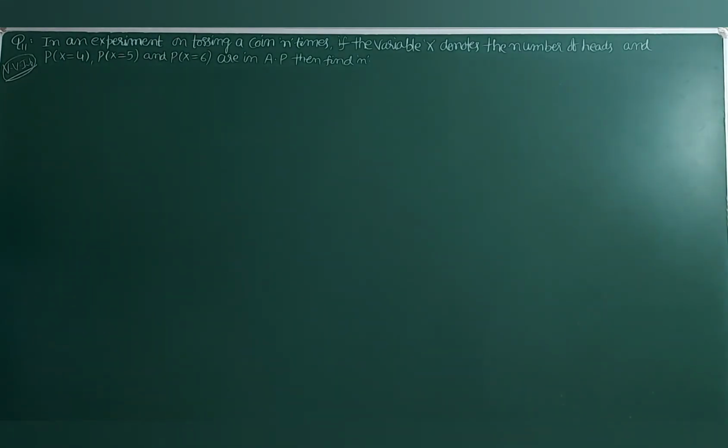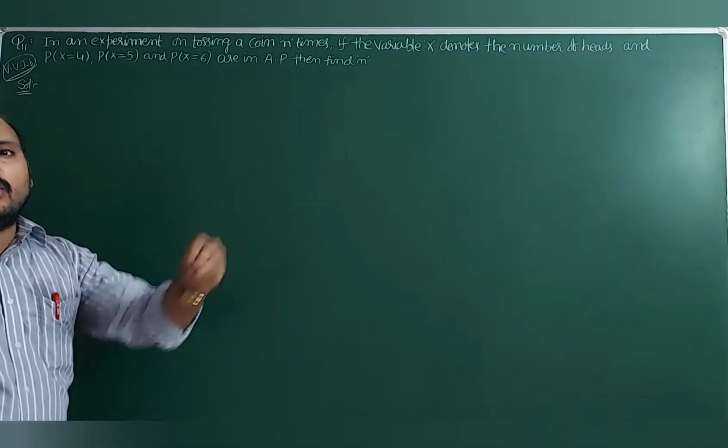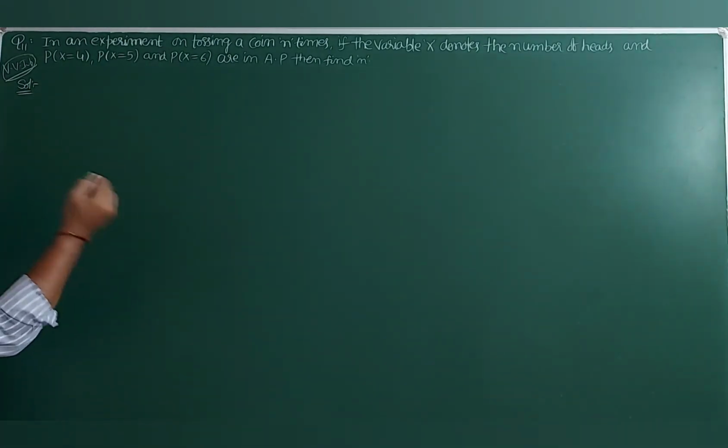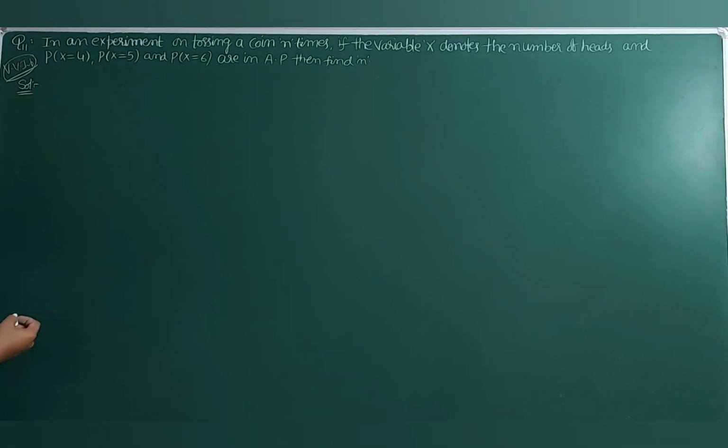So clearly, concept wise we will discuss. Here in the solution step, in an experiment of tossing a coin n times, n is equal to n only.